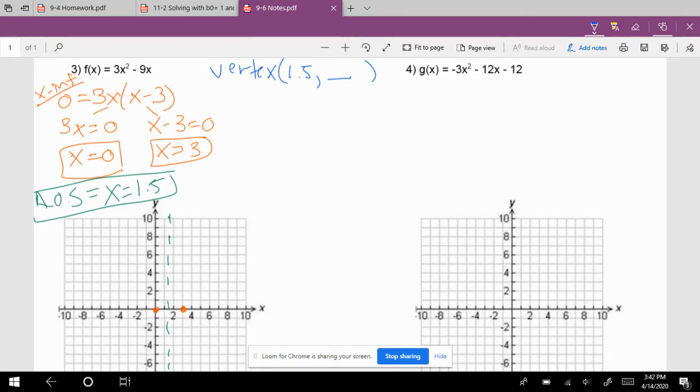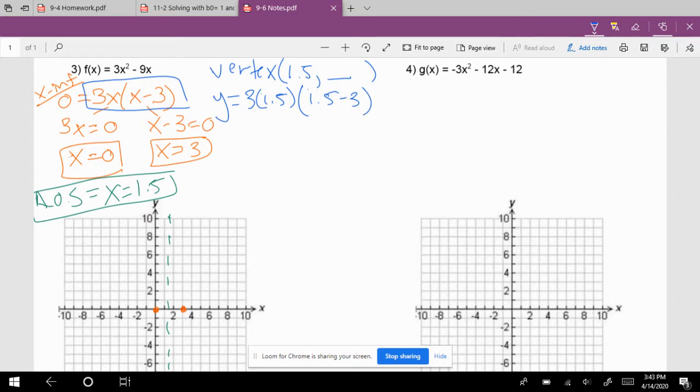Now, me personally, I don't have a calculator super handy, so squaring 1.5 in my head, not 100% sure about, but I can multiply and add to it usually. So I'm going to use the factored form this time. So the y value of the vertex is 3 times 1.5 times 1.5 minus 3.